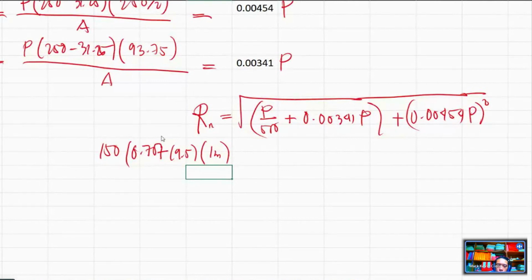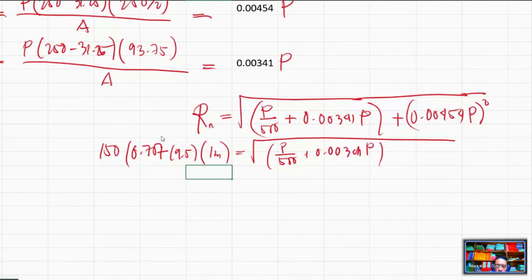So everything here, kasi this is in per mm, di ba? So this is equal to the square root of, again, P over 500 plus 0.00341 P plus 0.00454 P, squared.